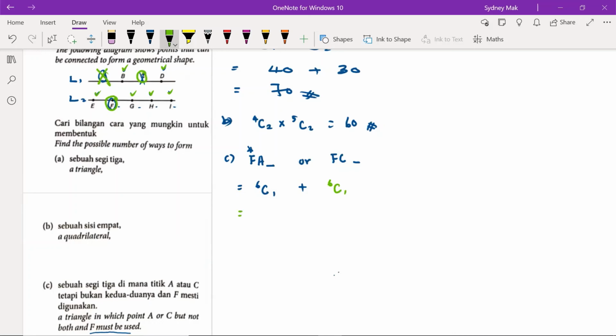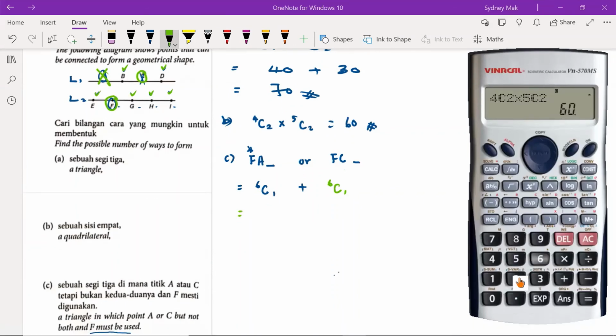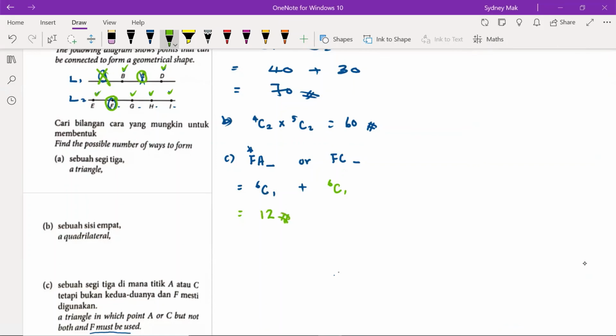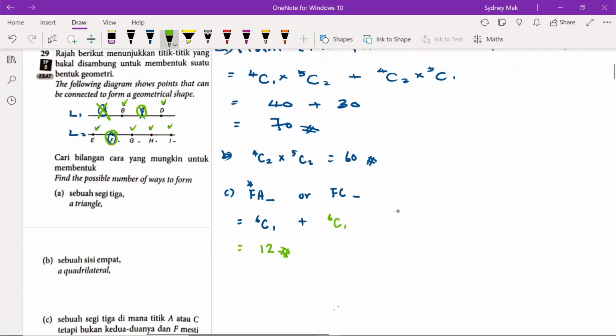So twice 6C1, let's find out the value. 2 times 6C1, and 6C1 is actually 6. So we have 12 ways. So the answer is 12. We found the solution for question number 29. That's it.